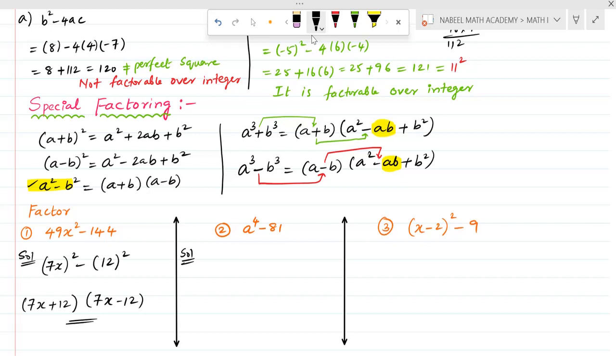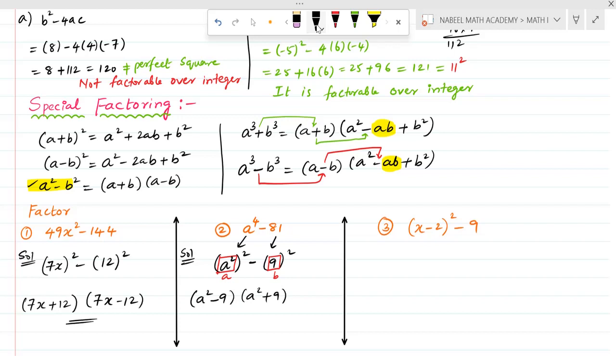So now here x power 4. We don't have the formula for a power 4. We have the formula for a power 2, a power 3. So I converted this one as a square whole square minus 9 square. Now I can apply the a square minus b square rule where a is equal to this one, b equal to this one. So what happened here? a square minus 9, a square plus 9.